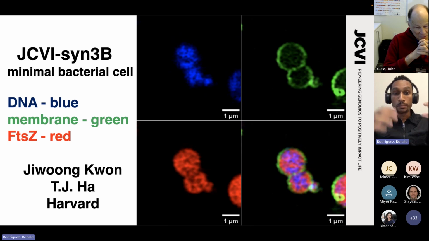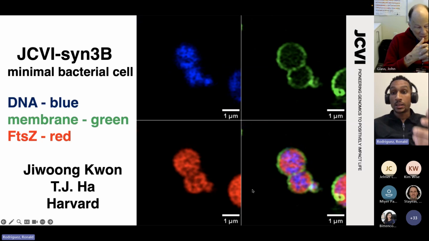Before cells fully divide into two daughter cells, the cell must replicate its DNA. That DNA is usually in line, is always in line with the plane of cell division.